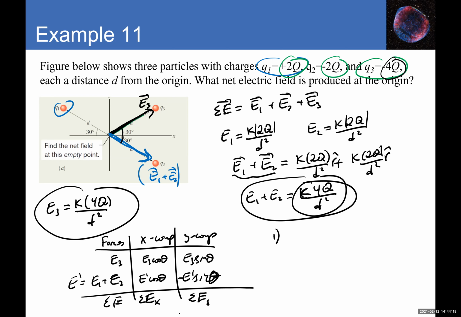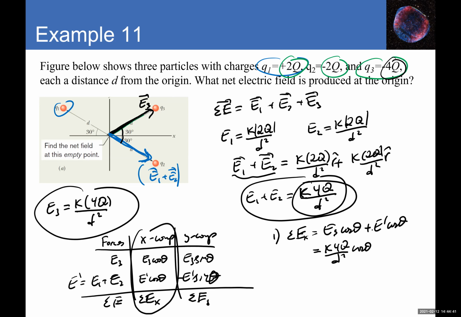Then if I'm looking at equation 1, which describes this column, net electric field in the X direction equals E3 cosine of theta plus E prime cosine of theta. Well, E3 is K 4Q over D squared cosine of 30, plus E prime is also K 4Q over D squared cosine of 30.